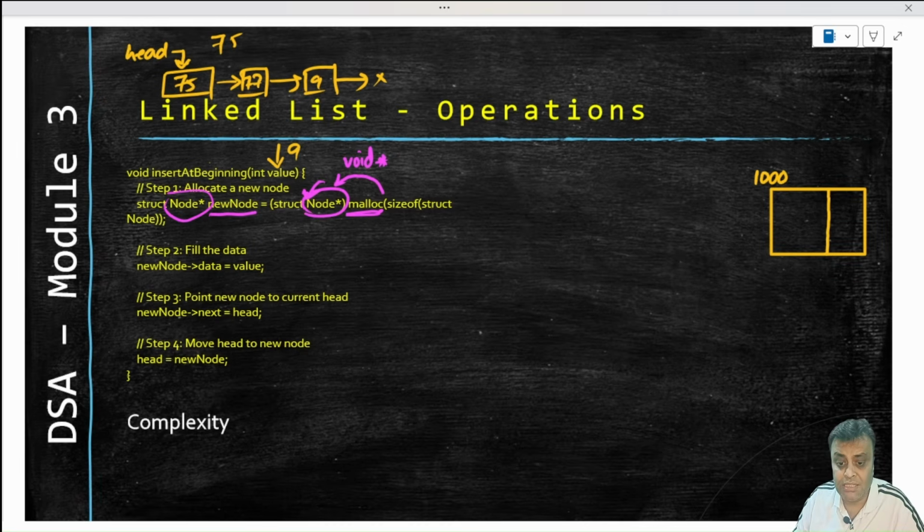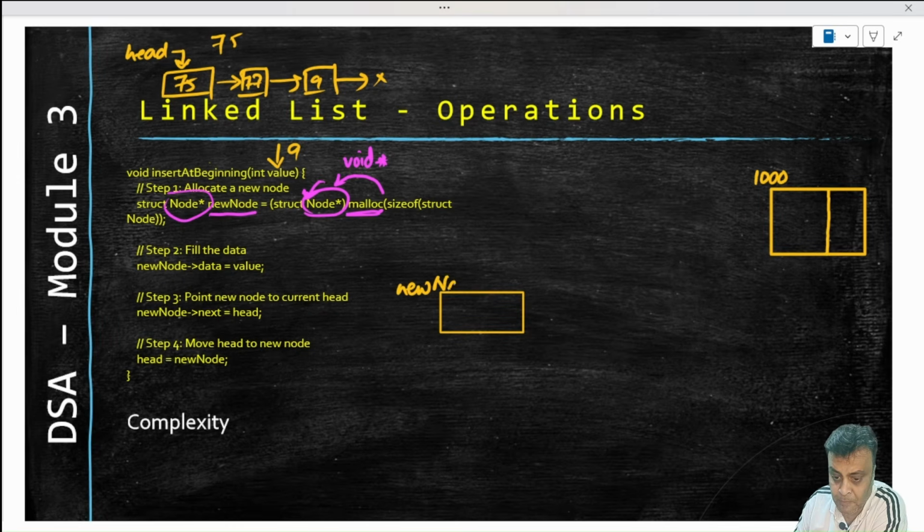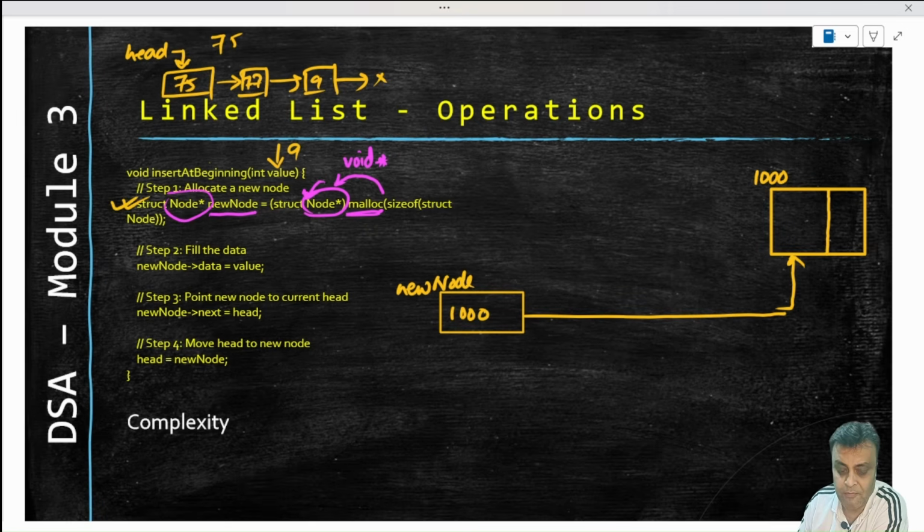I need to cast it to a node star. Malloc returns void star, right? So that's where we will say that, okay, I will define a new node pointer. This new node pointer will have 1000 and this will point here. That is what happens in this line, right?